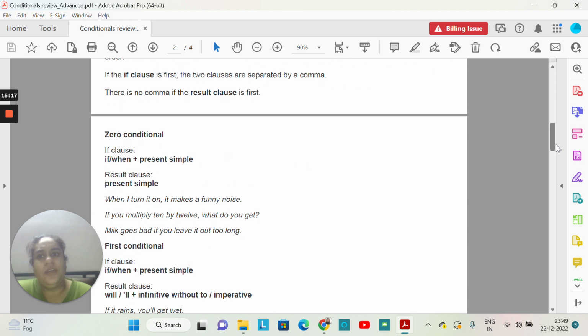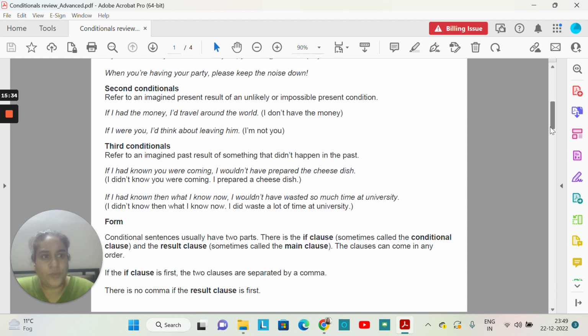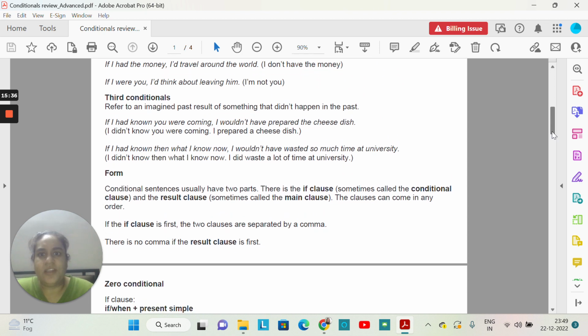Okay. So if the if clause is first, the two clauses are separated by a comma. But there is no comma if you are going to put the result clause first. So again, let's go back up here. If I again frame this sentence, I wouldn't have prepared the cheese dish, no comma, if I had known you were coming.